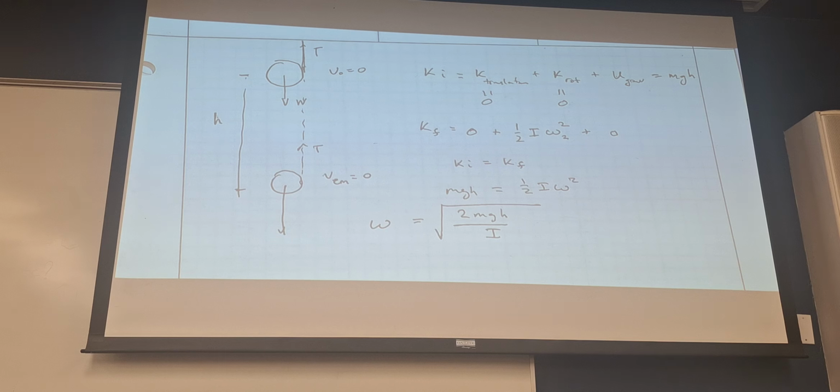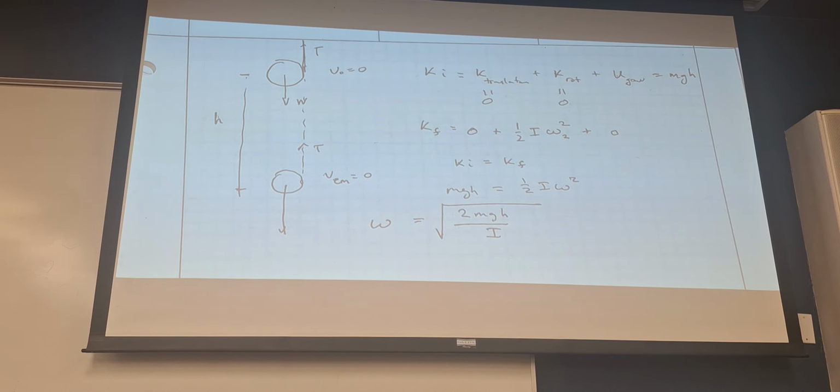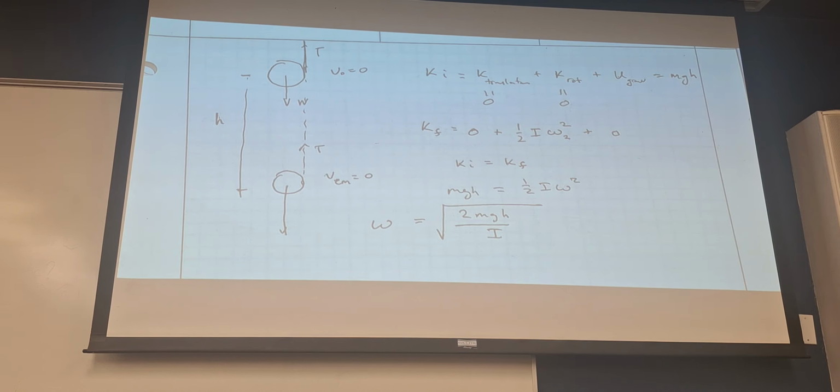The question is, will the frequency increase or decrease? Does anyone want to guess? Increase? Well, increase, right. And why is that?